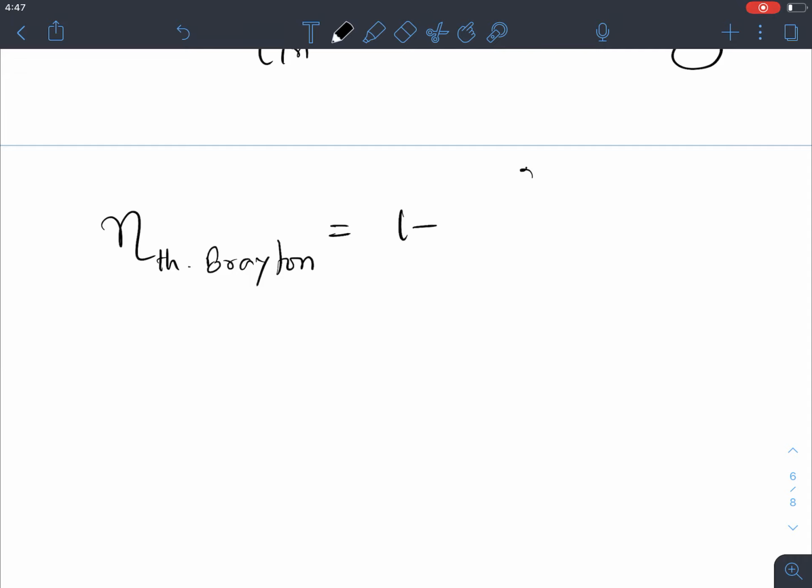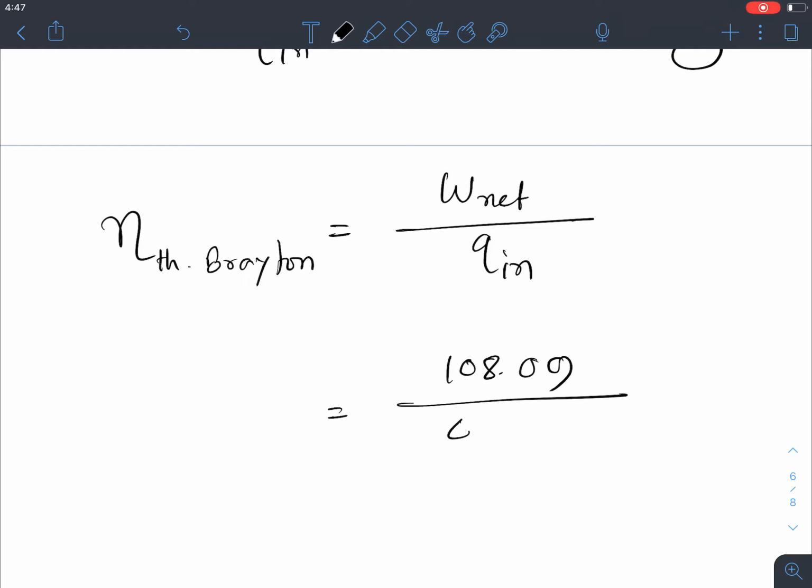So the thermal efficiency of the Brayton cycle: since we have both of them, I can write this formula, W net divided by Q in.